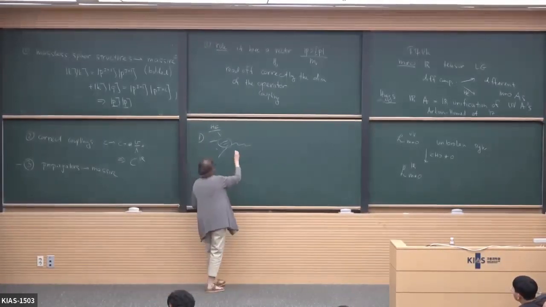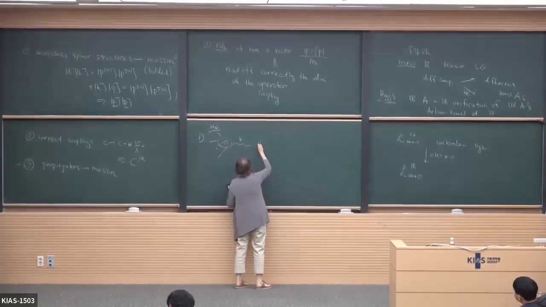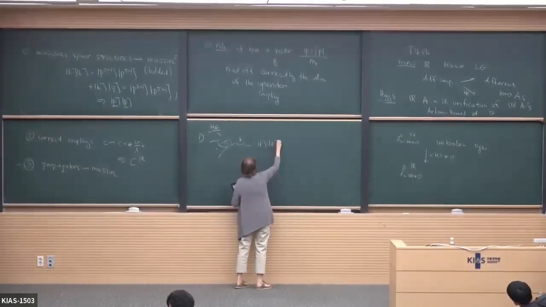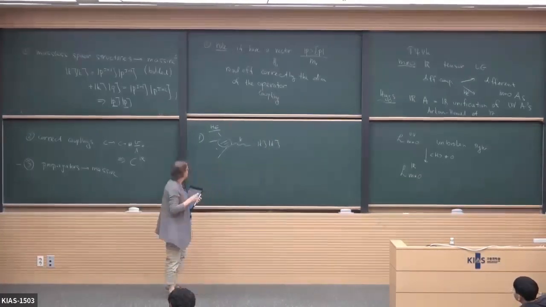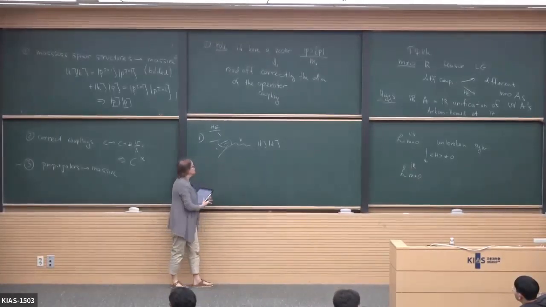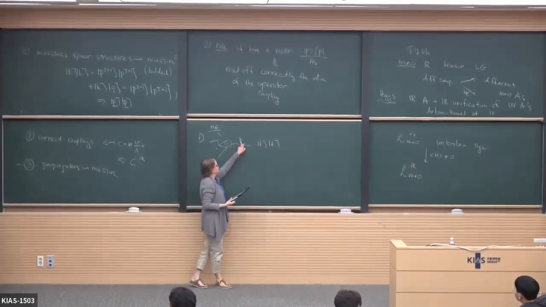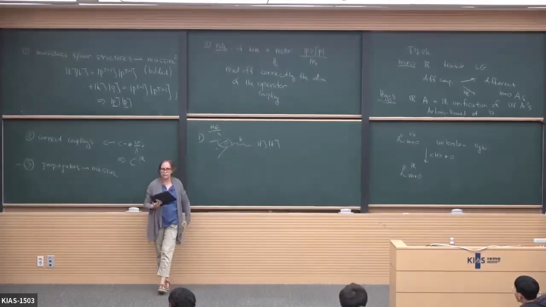And if this guy has momentum k, then the amplitude comes with a factor kk. I'm assuming just for concreteness that this vector is positive helicity, but we could do the same if it's negative helicity.